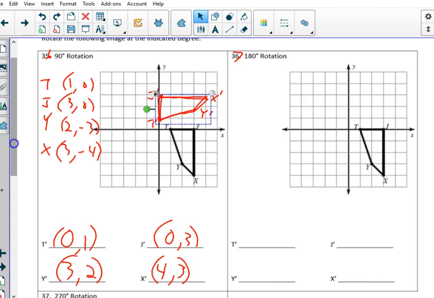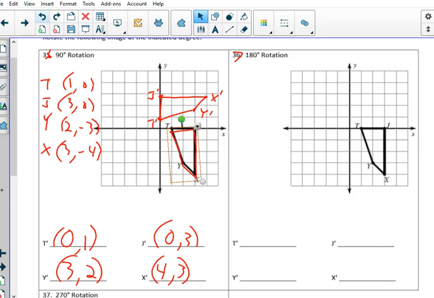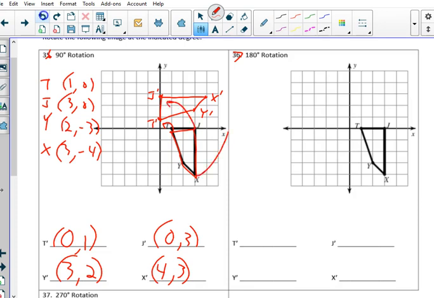But basically, this point is rotating there, and this point is rotating there, and that's rotating and rotating. That's what's happening. Okay?